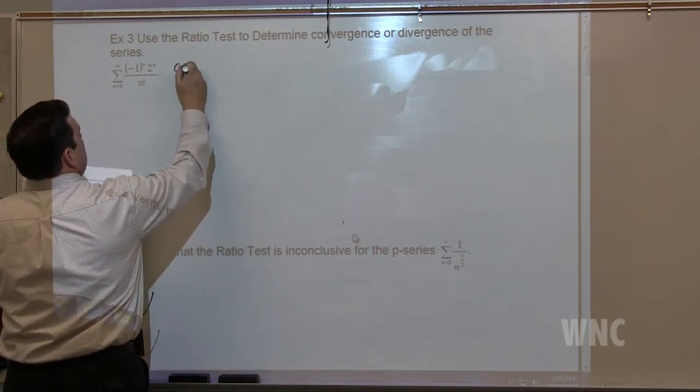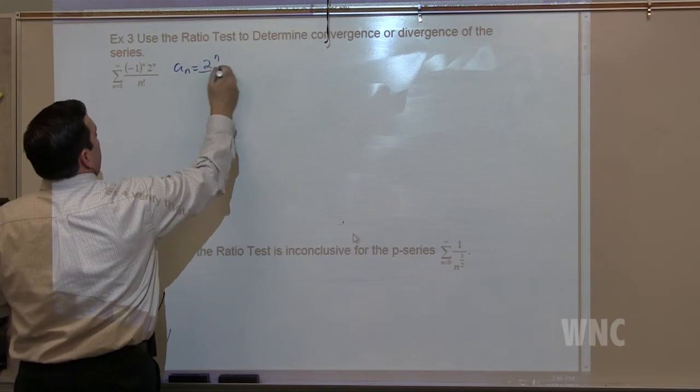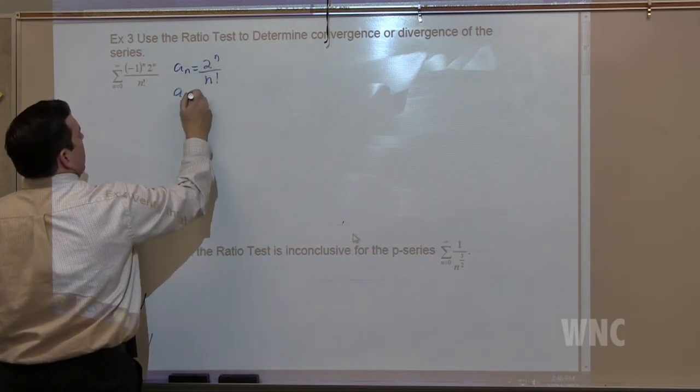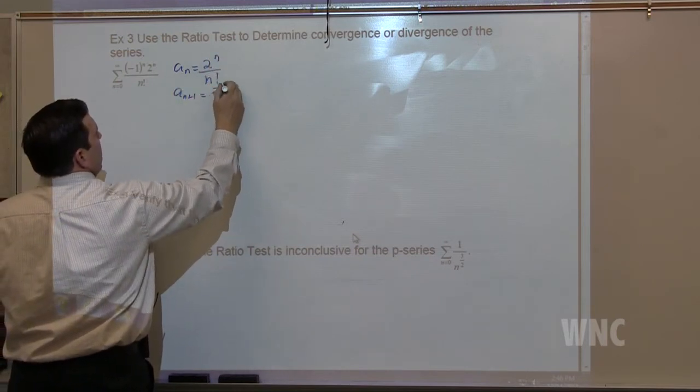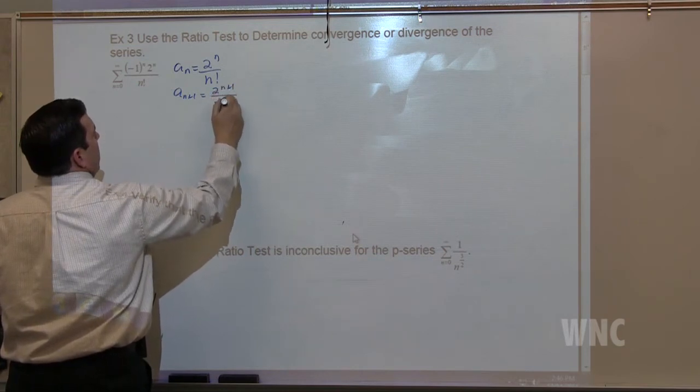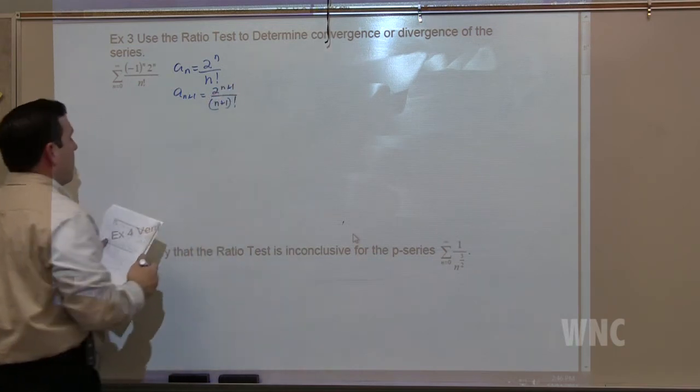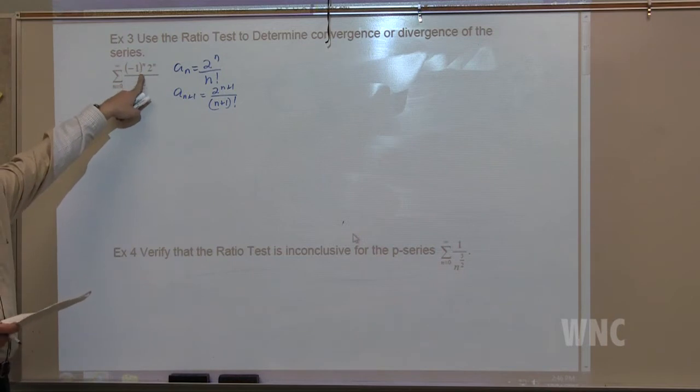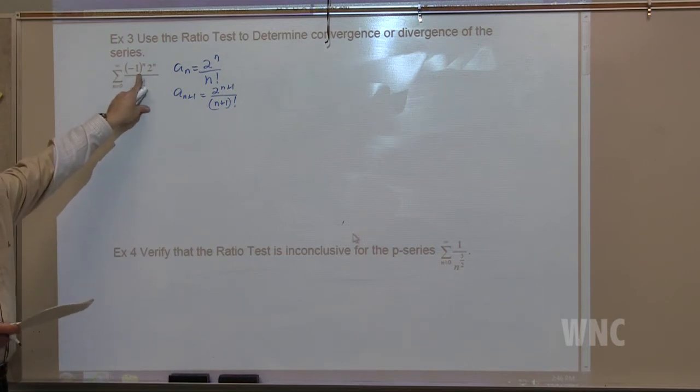So our a sub n is going to be 2 to the n over n factorial, and our a sub n plus 1 is going to be 2 to the n plus 1 over n plus 1 factorial. And this negative, because of the absolute value, it's just going to go away.